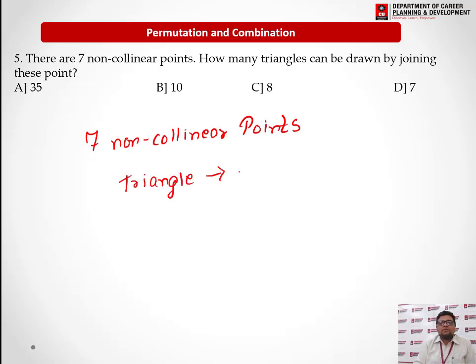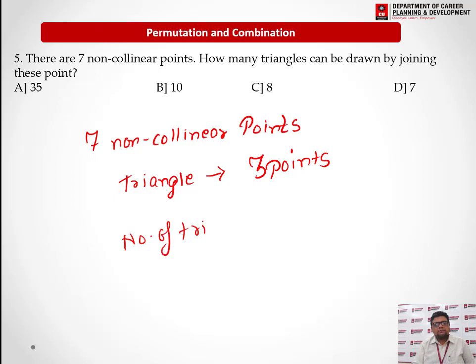We know that a triangle can be formed by joining 3 points. If I join any 3 points, a triangle can be formed. Not any 3 points, but 3 points in a different plane, not in the same plane. So all the 7 points are non-collinear, so we can directly say the number of triangles will be equal to 7C3.